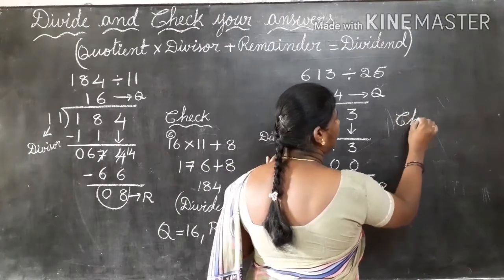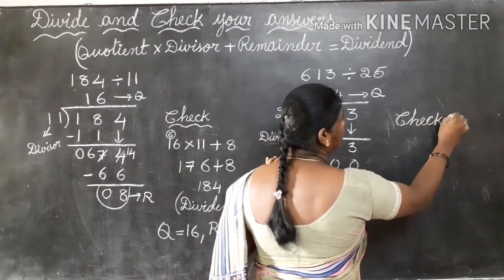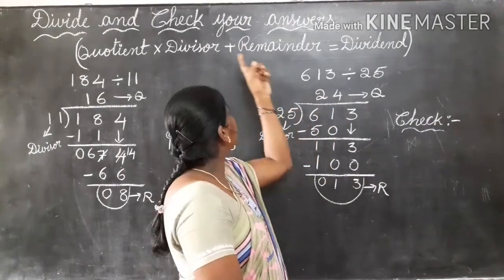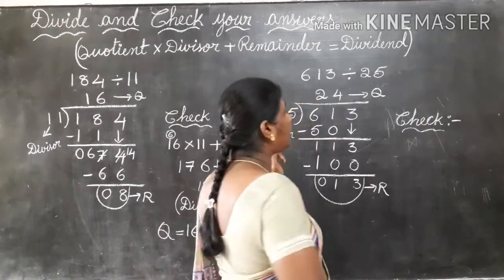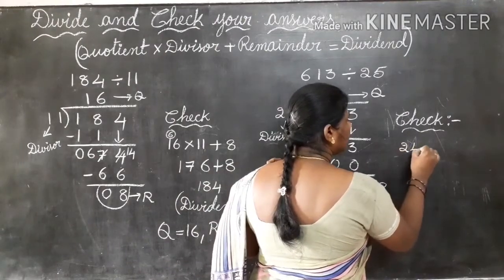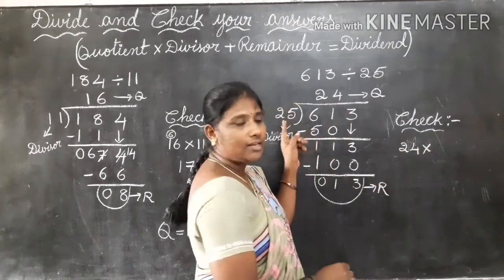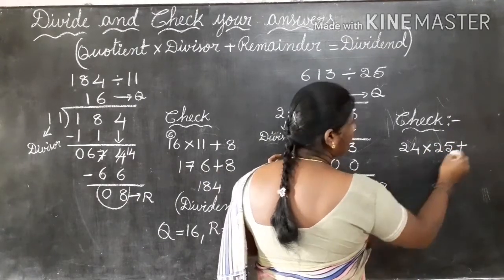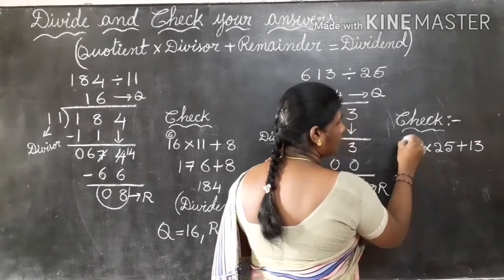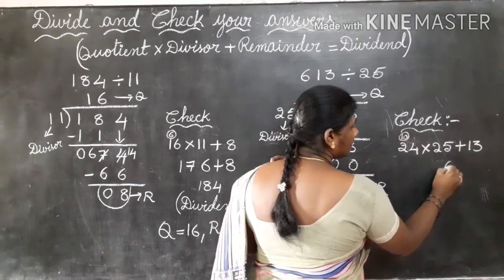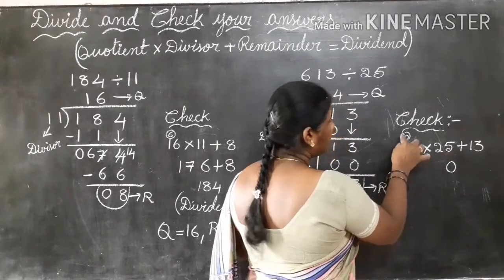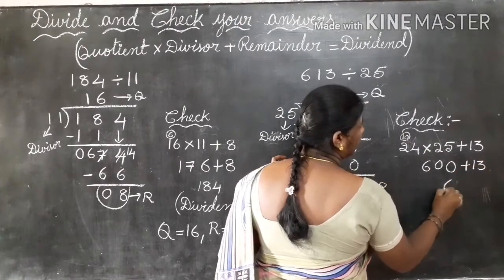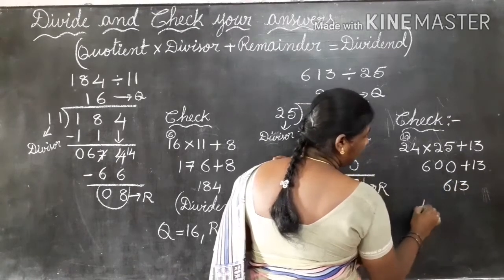Now we have to do the check here. What is the check for this? Divisor same. Quotient into divisor: quotient 24 into divisor 25, plus remainder 13. 25 fours are 100, 25 twos are 50, 50 plus 100 is 600, plus 13. 613.